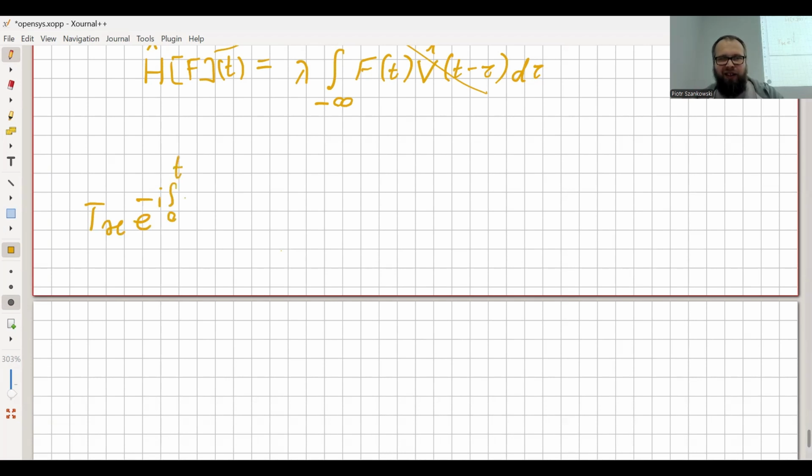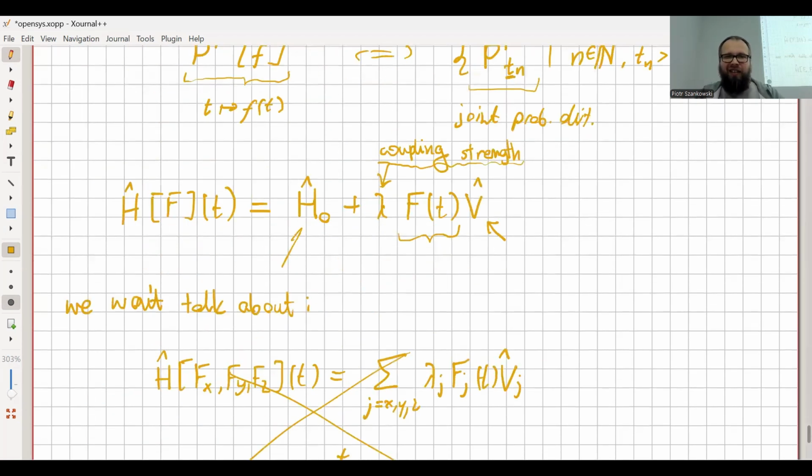So we have our stochastic map with the Hamiltonian given by this form, okay?